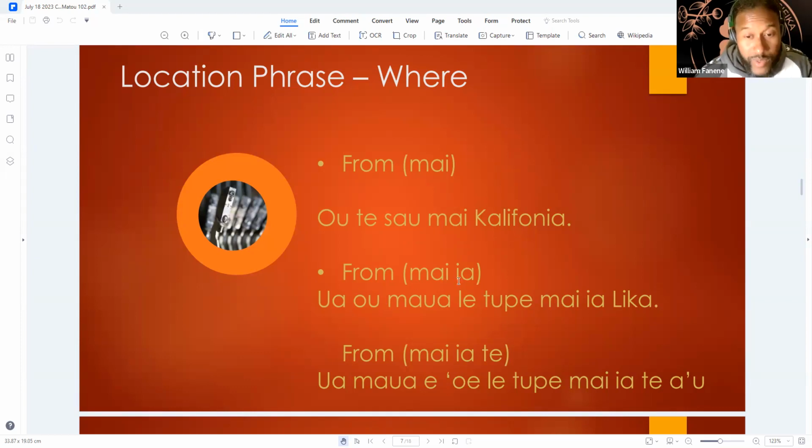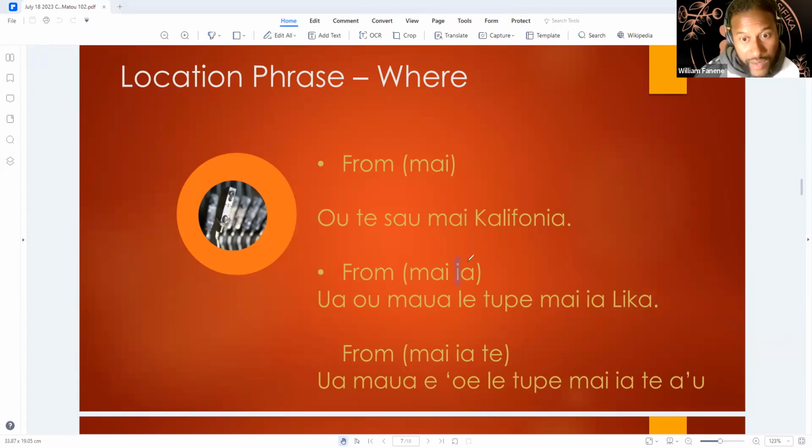This is the same way where we say ya, talking about proper nouns. So lika would be someone's name. So we wouldn't say uo mawale chupe mai lika. So I have gotten the money from, we wouldn't say chupe, or I won't say it the wrong way because that's confusing myself as well.